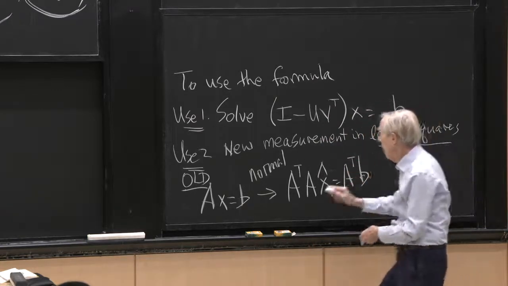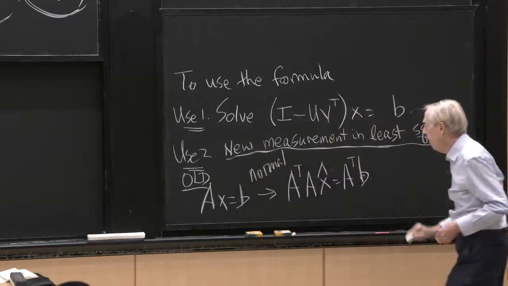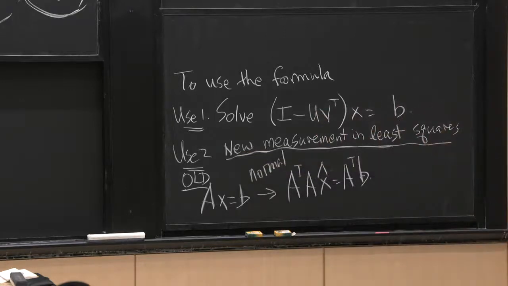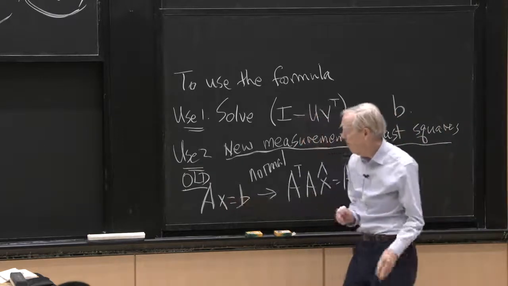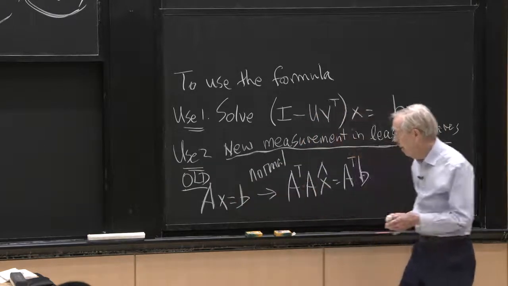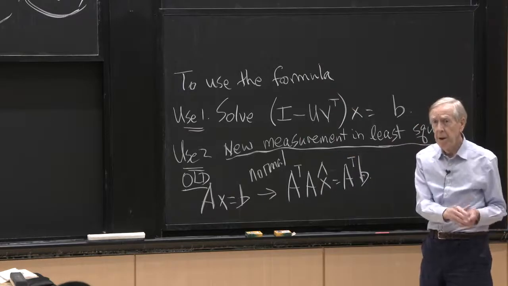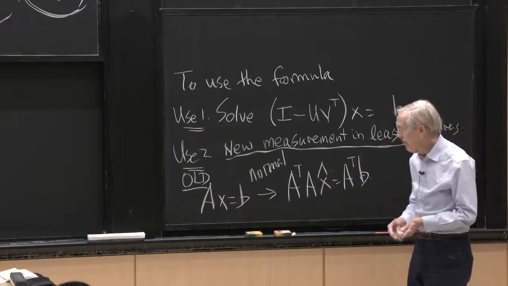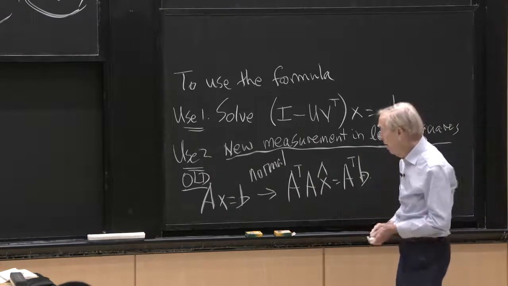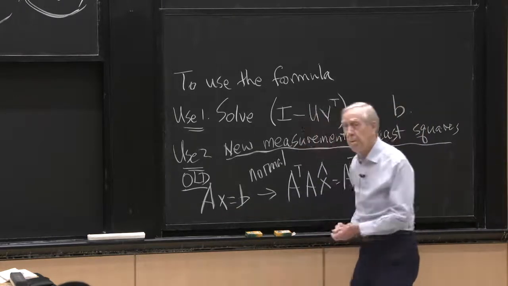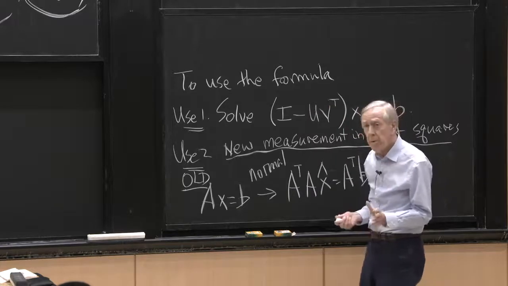Okay, now we get a new measurement. So a new measurement, how does a new measurement change the problem? So this is the old problem before the measurement comes in. Now a new measurement arrives, so that's another B, a b_{m+1}, and we get another equation. We get another equation, right?